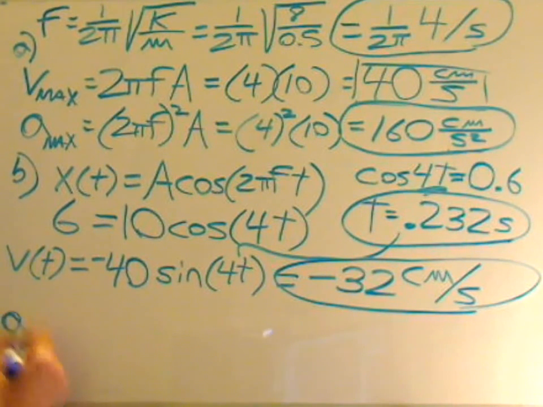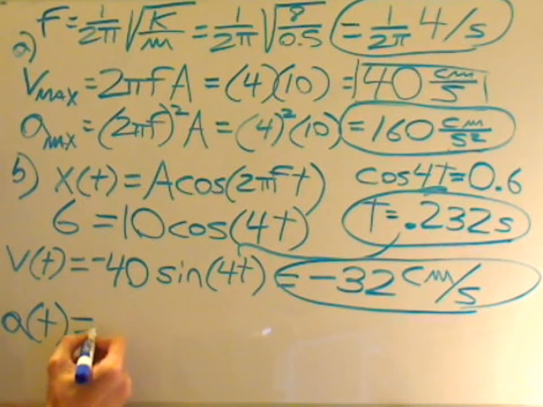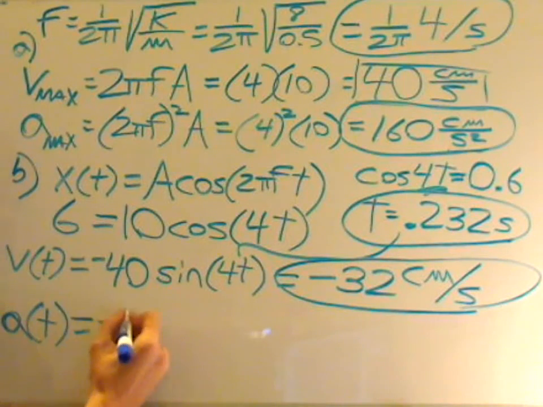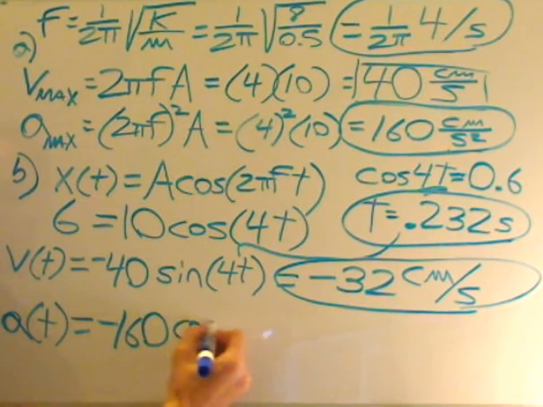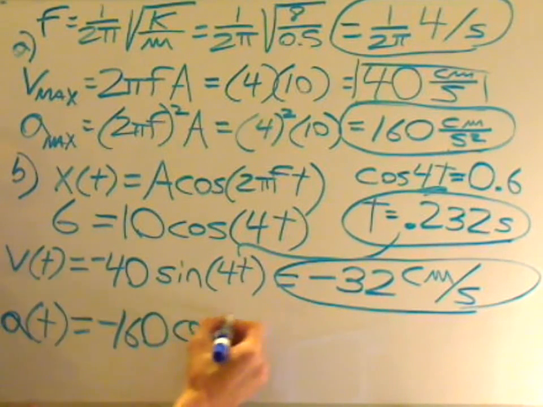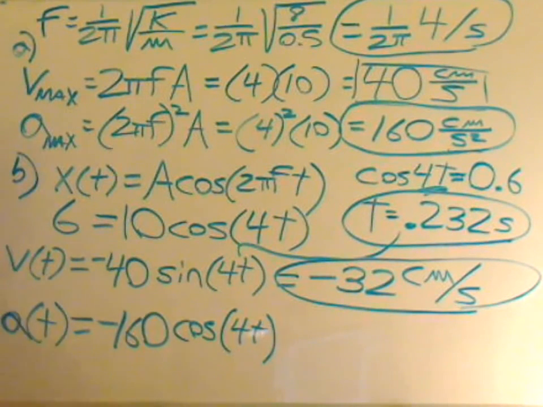Now the equation for acceleration versus time is negative Amax, which is 160, which we calculated in part A, negative 160 times the cosine of 4t.